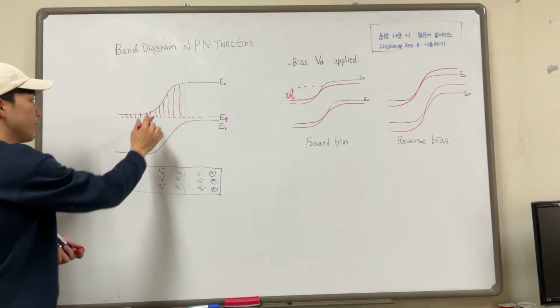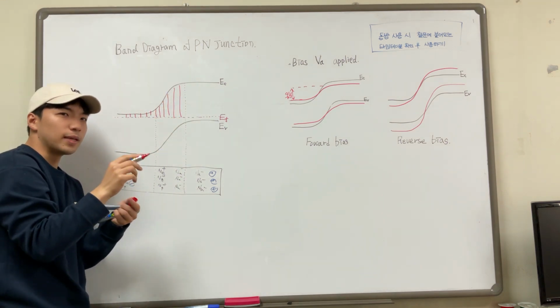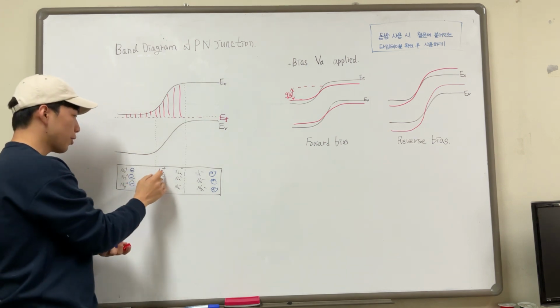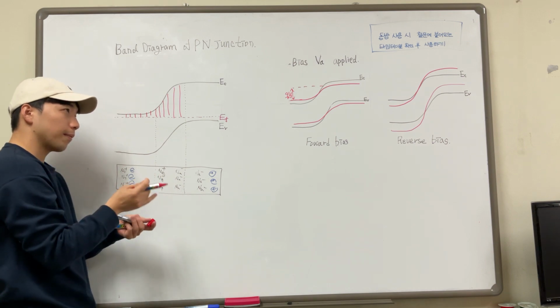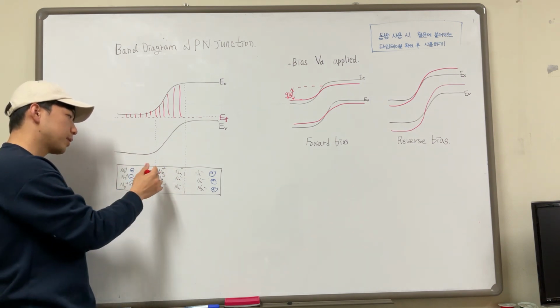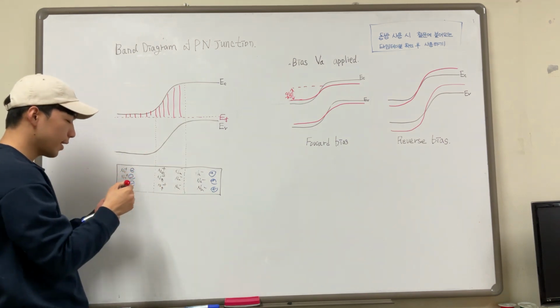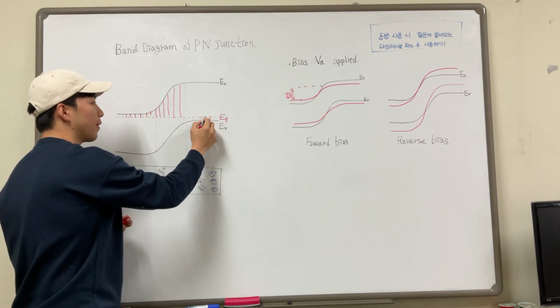So in this section there are very few electrons, maybe very small. So very few charged electrons will exist.